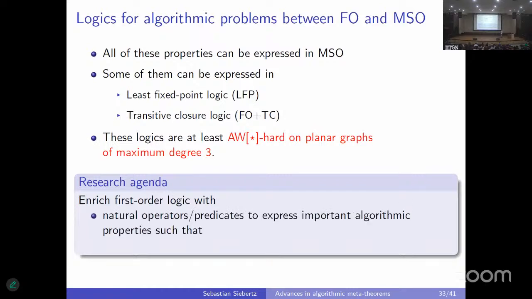We want to extend first order logic so we can express these algorithmic properties. But we must find a balance. We cannot make the logic too strong, otherwise we don't get efficient model checking. So we want to find this balance between expressiveness, efficient model checking and a rich structure theory.